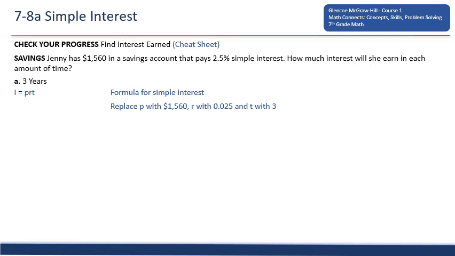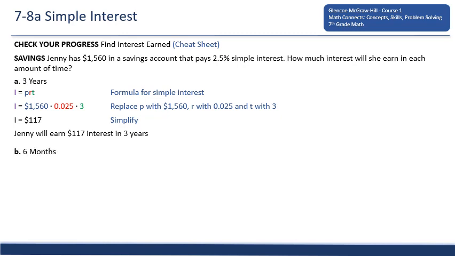Replace principal with $1,560, rate with 0.025, which is the decimal for 2.5%, and time with 3. So we get interest equals 1,560 times 0.025 times 3. If we simplify by multiplying, we get interest equals $117. So Jenny will earn $117 interest in 3 years.